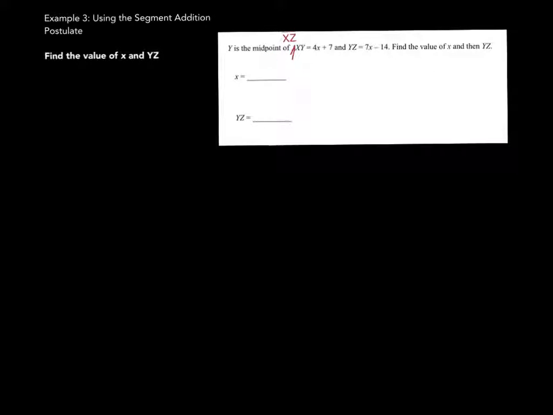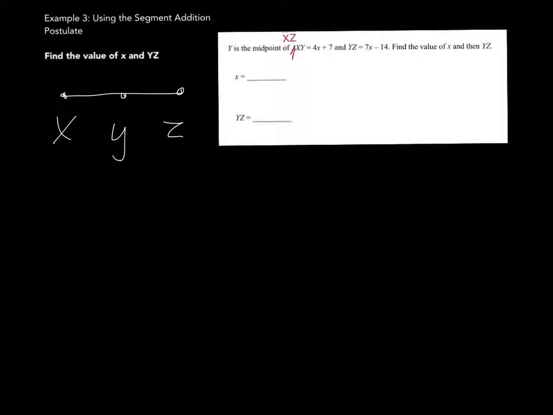So remember that a midpoint is a point that divides a segment into two congruent halves. In other words, the midpoint is exactly in between, exactly in the middle of, the two endpoints of the segment. So when we go to sketch this, we said the big segment is XZ, and we know that Y is going to be exactly in the middle.